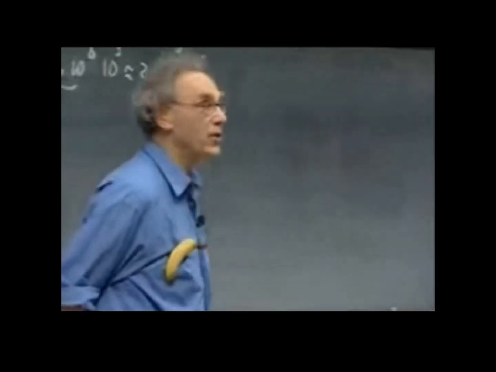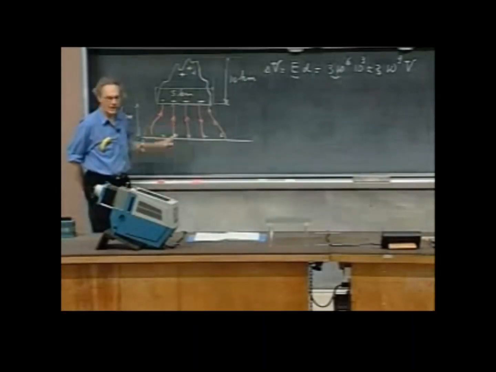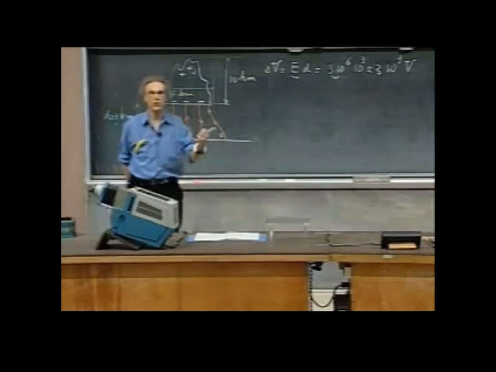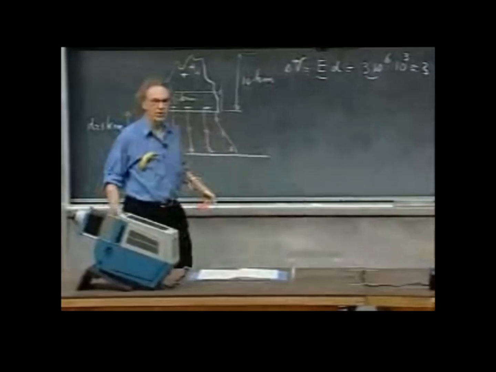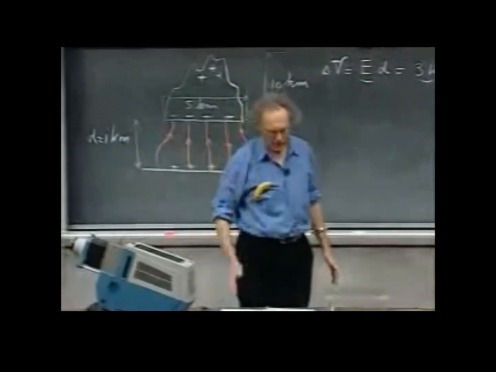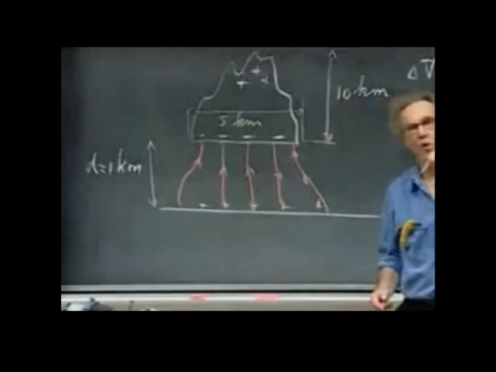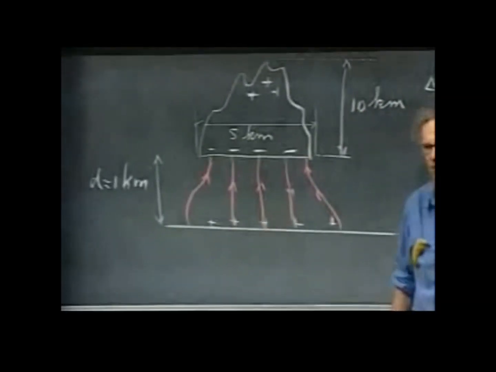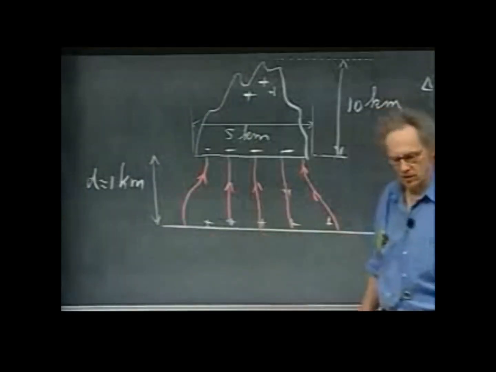The step leader creates a channel of ionized air, full of ions and full of electrons, which is an extremely good conductor. And when this step leader reaches the ground, there is this highly conductive channel, and the electrons can now very quickly flow from this channel to the ground. That starts first right here at the surface of the Earth.